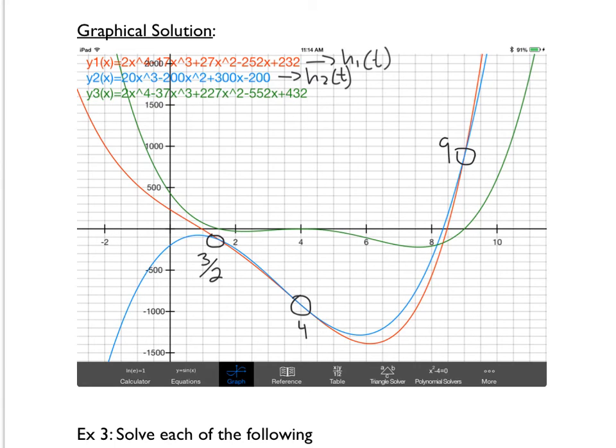That's when we brought everything to the left, so we set it equal to 0. So now we're looking for the x-intercepts. So our x-intercepts for our green function, we have one here, which is at 3 over 2. We have one right here at 4, and right here at 9.